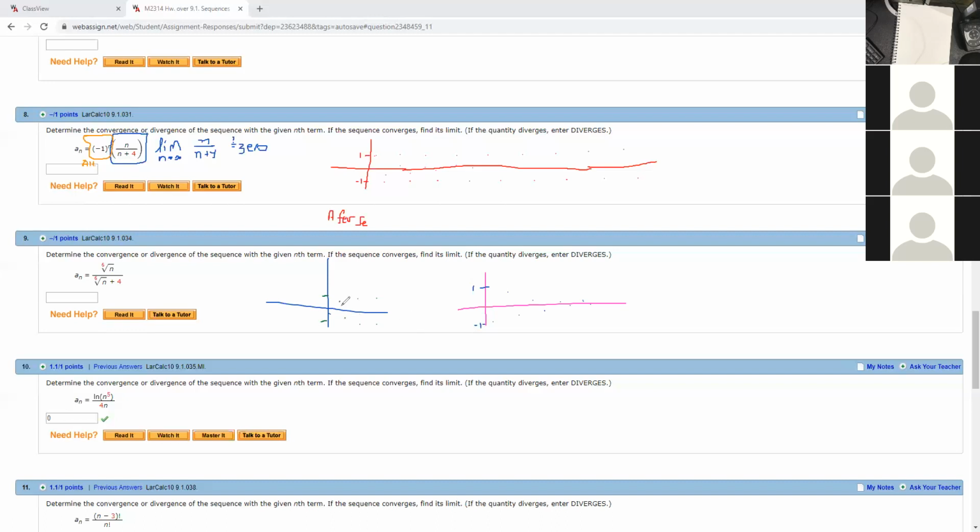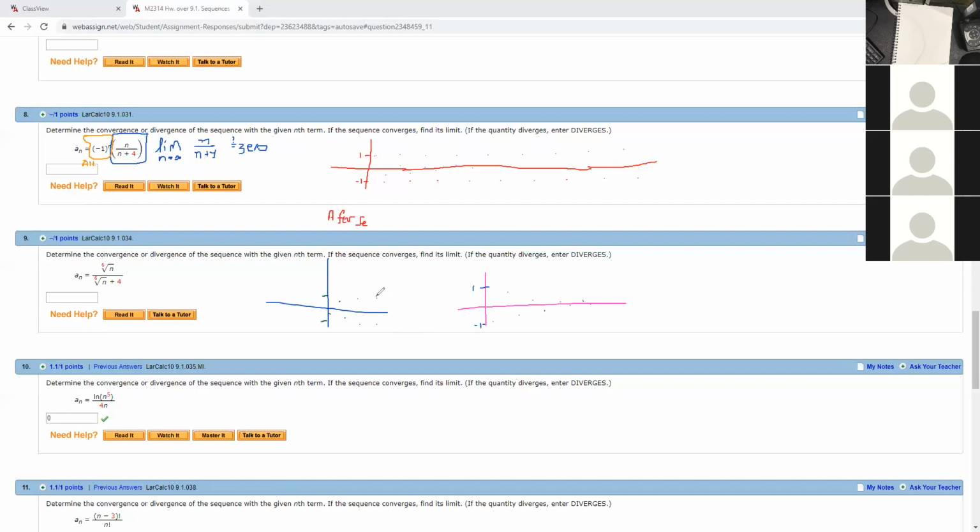So this is getting closer to whatever this number is up here, and on the other side below, it's getting closer to whatever this number is underneath. Half of it is getting closer to a positive number and the other half to a negative number, and that's not converging to a single finite number.